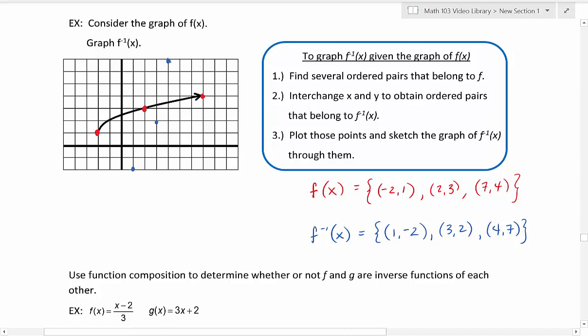And then we'll draw in our graph. You'll notice that our original f had an arrow on one end, so we need to be sure to have an arrow on the same end of our inverse function. That arrow was on the point (7, 4), so our arrow should be on the point (4, 7) when we draw in the inverse function.